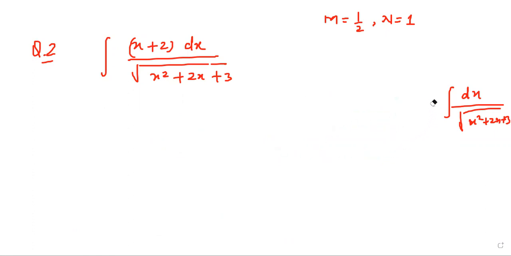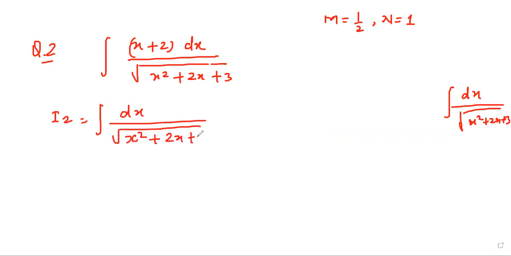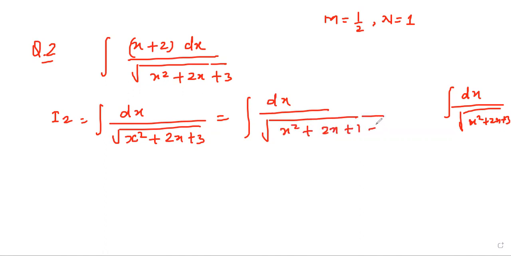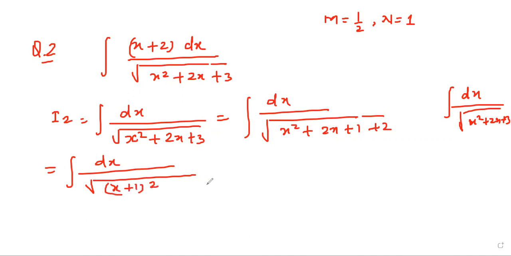Here we have I2 equal to integration dx divided by root of x square plus 2x plus 3. So we write it like dx over root of x square plus 2x plus 1 plus 2, which is equal to integration dx divided by root of x plus 1 whole square plus root 2 square.